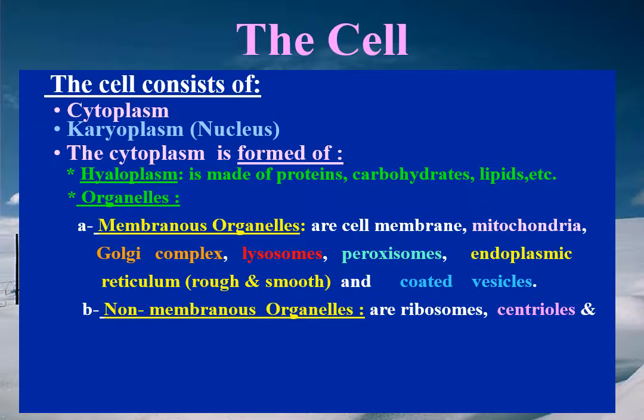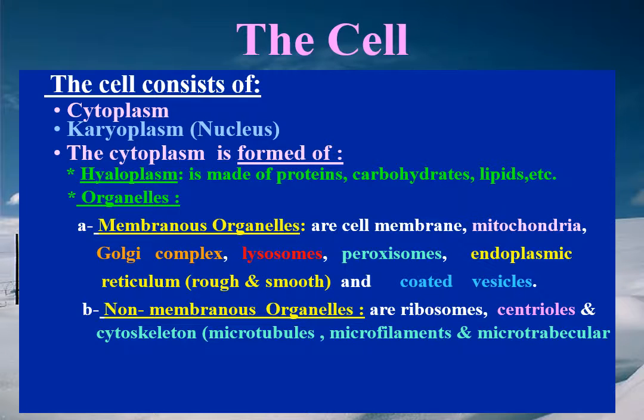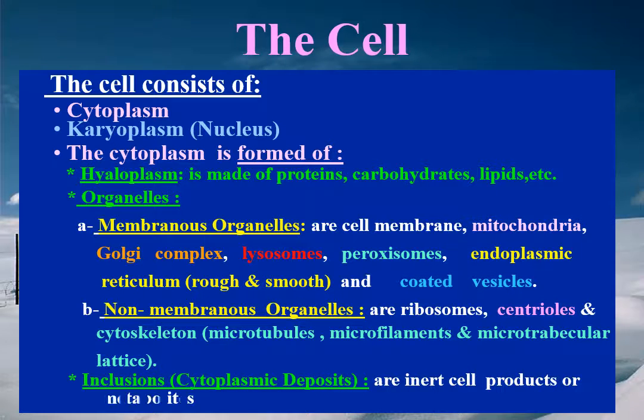Non-membranous organelles are ribosomes, centrioles, and cytoskeleton, which includes microtubules, microfilaments, and microtrabecular lattice. Inclusions, or sometimes called cytoplasmic deposits, are innate cell products or metabolites.